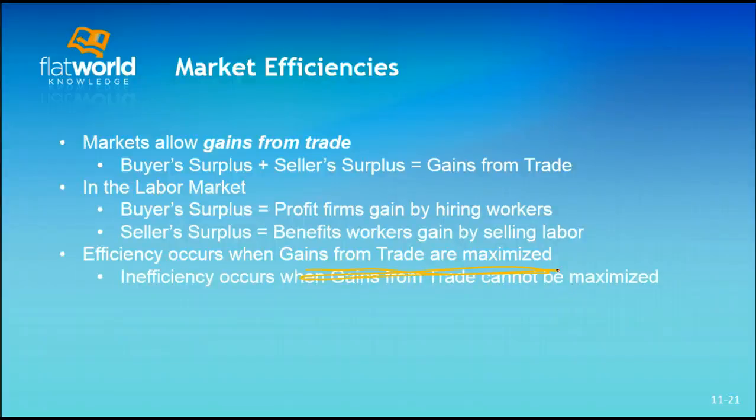Inefficiency occurs when the gains from trade cannot be maximized. Inefficiency is called a deadweight loss. If you've ever heard the term deadweight, you know that it seems that dead bodies are more difficult to move. They actually feel heavier than live bodies. Well, we use that term in economics also.